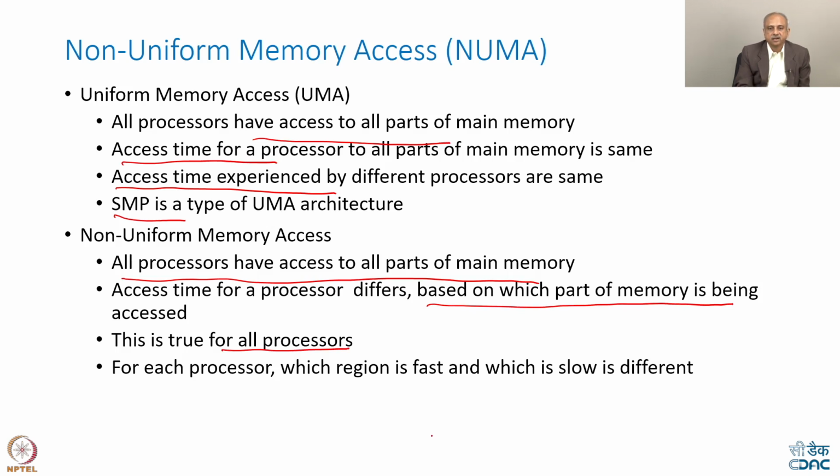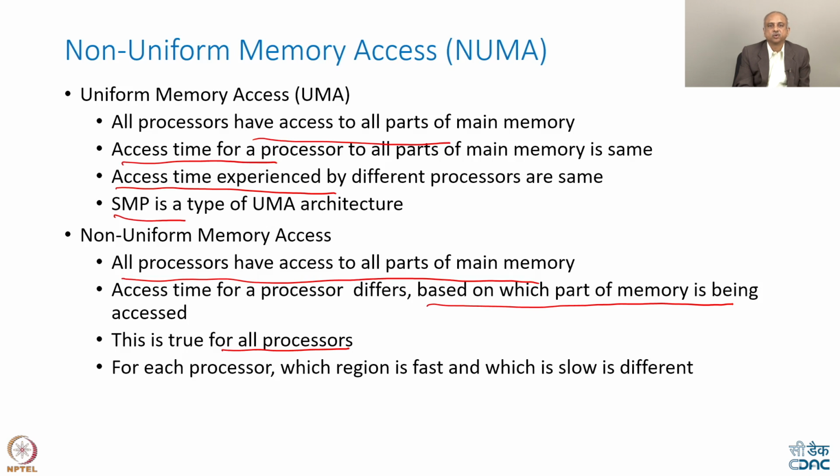To tell it in a different way, let us say for processor 1, it has a set of memory addresses, let us say the total address range is Z, out of which one portion is X, another portion is Y.